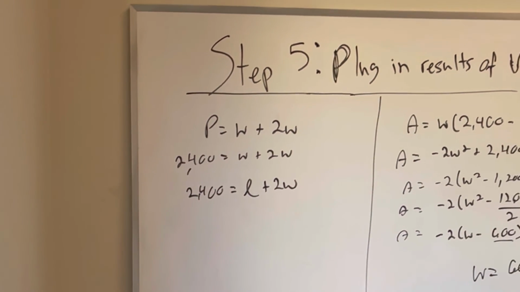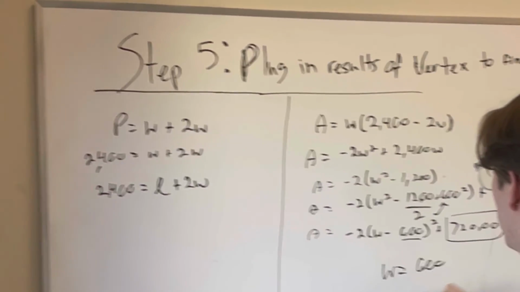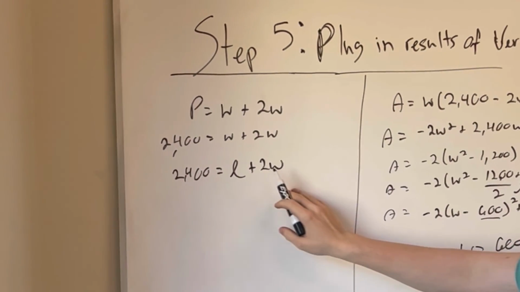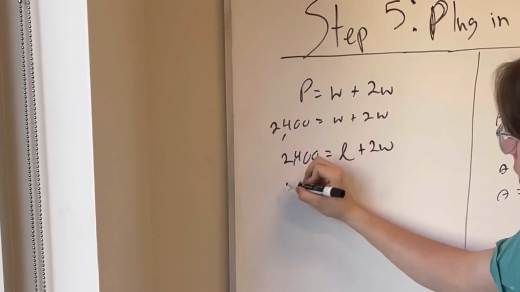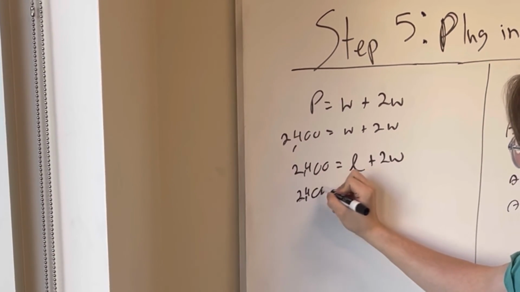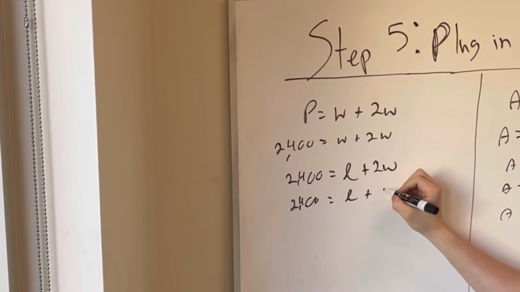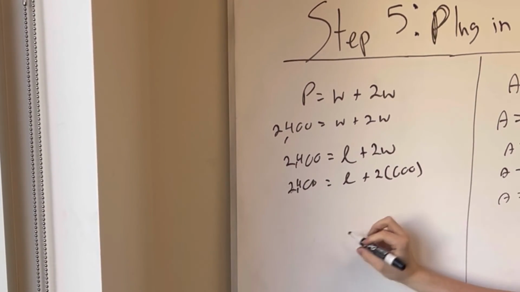Alright, so step 5 is plugging the results of the vertex to find the last side. From the vertex, we know that W equals 600. So perimeter, which is L plus 2W, will be 2,400 equals L, which is our length, plus our short sides, which is 2 times 600.